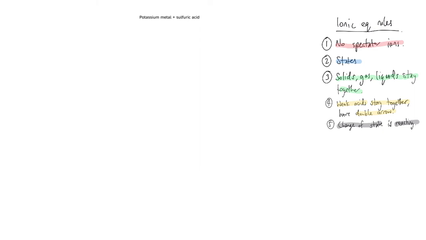So, what have we got? We've got a metal and a strong acid. So the strong acid is going to completely ionize. And the potassium metal, it's a solid and it's not an ion, so it's just K solid. Sulfuric acid, I know it's going to form H3O+ because it's a strong acid. I know that the sulfate is going to form a salt with the potassium, so potassium sulfate is the salt.